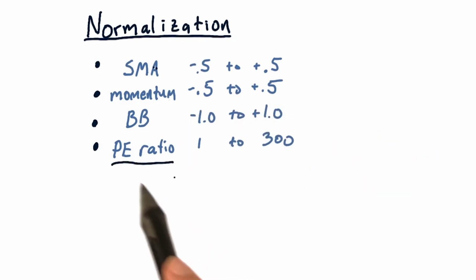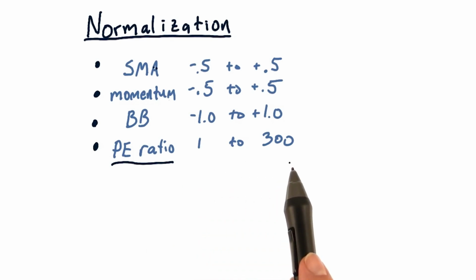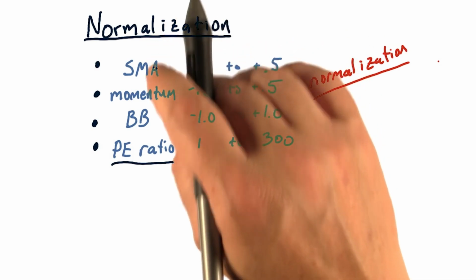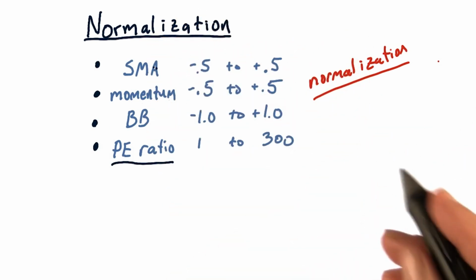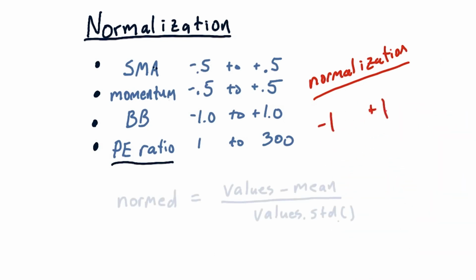It might get even worse if we included a fundamental factor like PE ratio that can range from 1 all the way up to 300. The solution is something called normalization. And what normalization does is it takes each of these factors and essentially compresses them or stretches them so that they vary on average from -1 to +1. Normalization is simple.